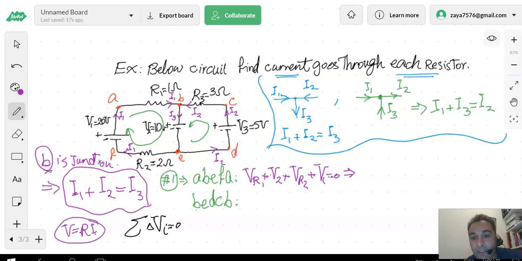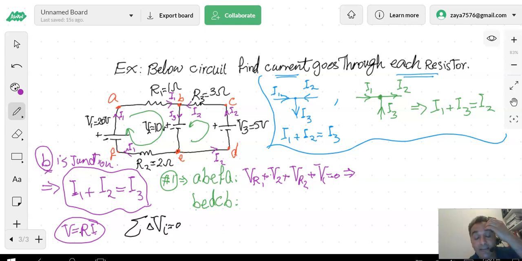So what is the voltage of resistors? It's Ri. Therefore, let's go A to B. Ask this question. See, I go from A to B. My path is A, B, E, F, A. Okay. I go from A to B. Watch it.